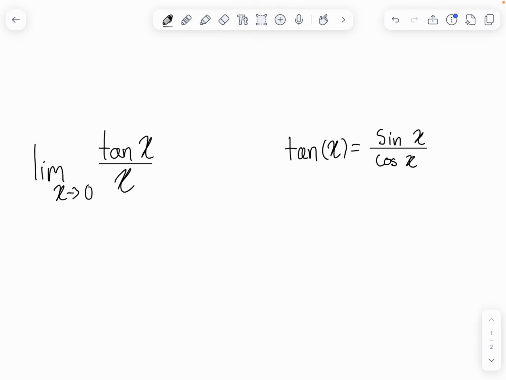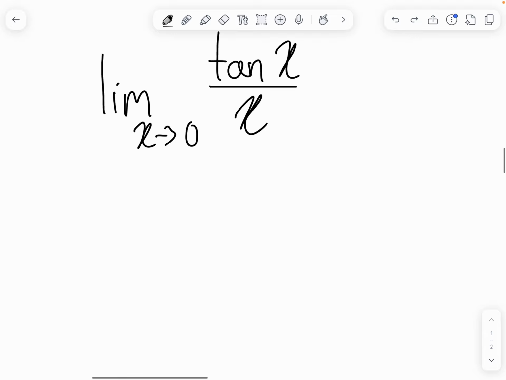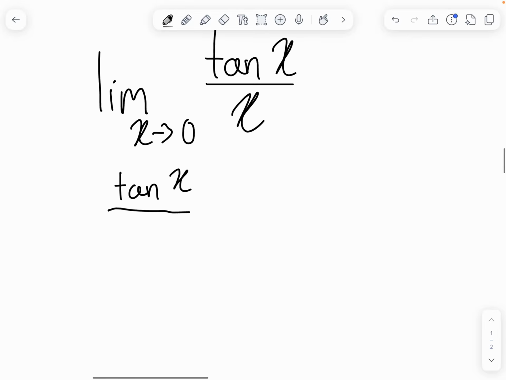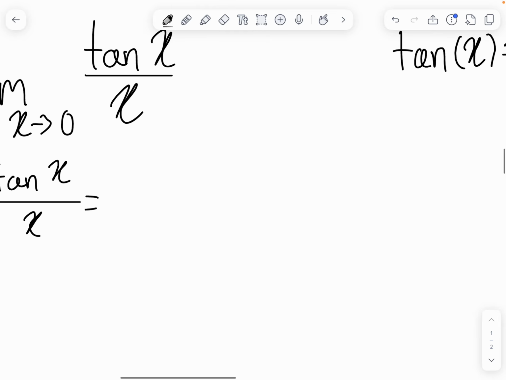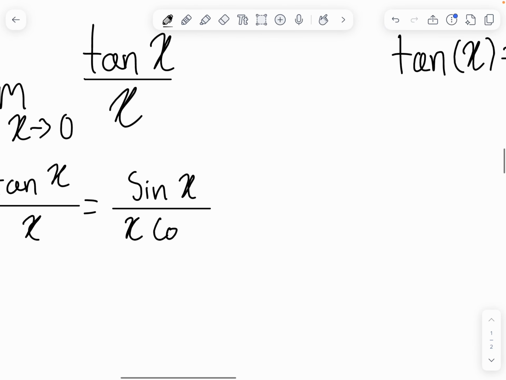So basically, since we know this, we can transform this equation into tan x over x equals sine x over x times cos x.